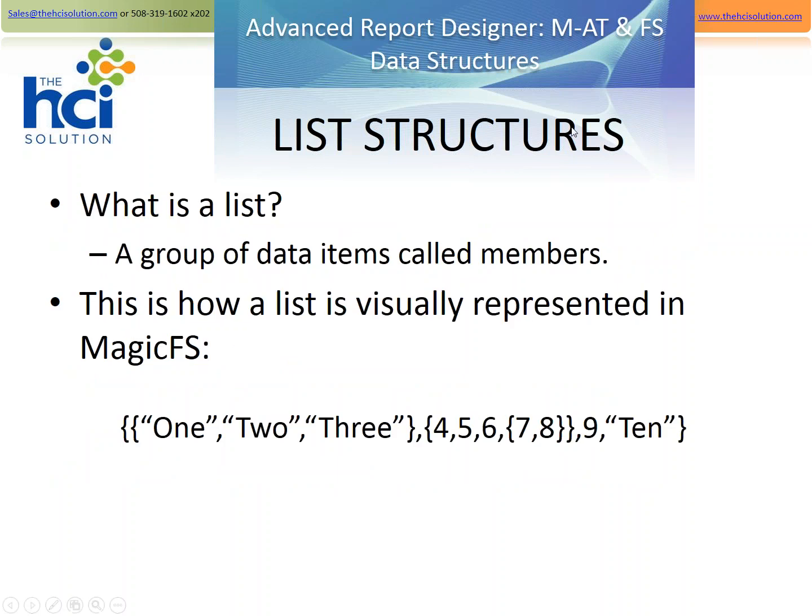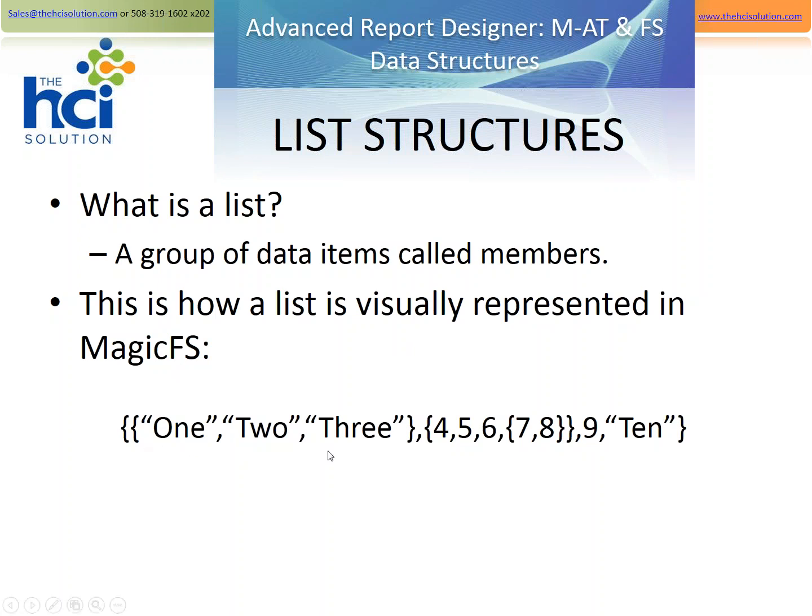So what is a list in Meditech? It's basically just a group of data items, and each item in the list is referred to as a member. Here's an example of how a list is visually represented in Magic FS. There can be lists within lists, as you see here.